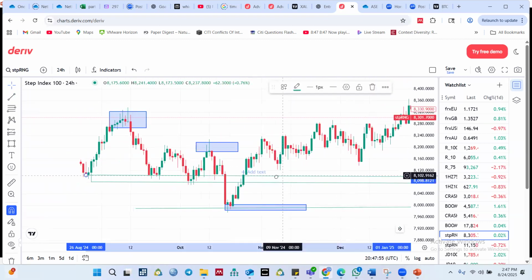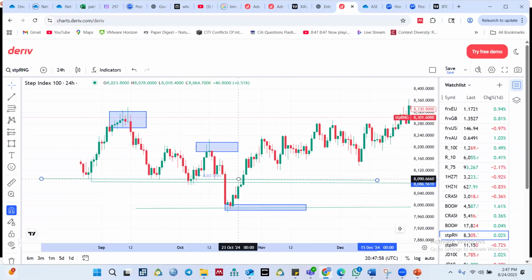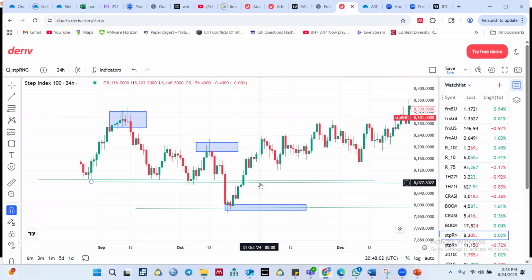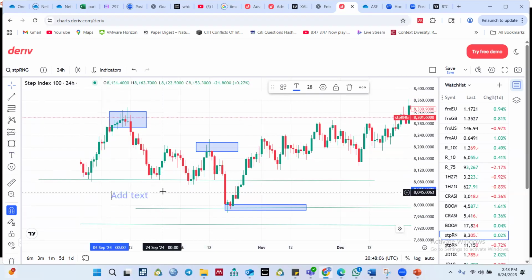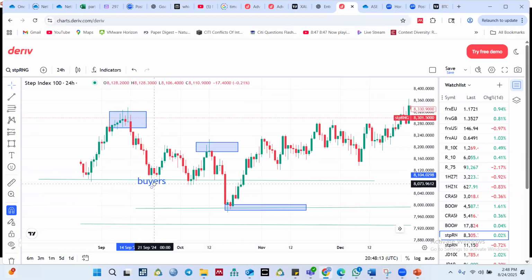So what is the meaning of this? If we are using support and resistance, what we will say is that there are buyers here. So anytime price drops into this line, the buyers will push it above.